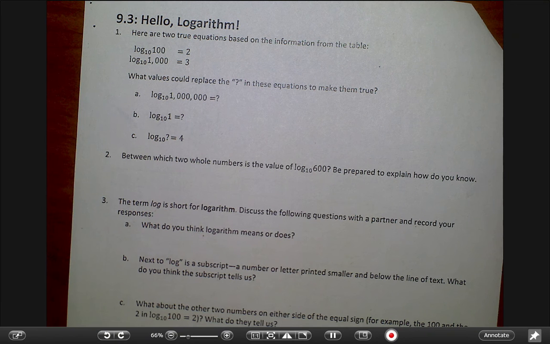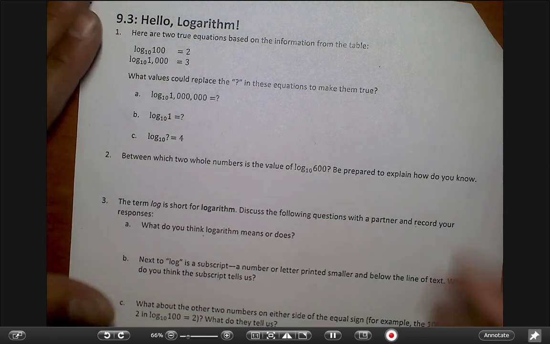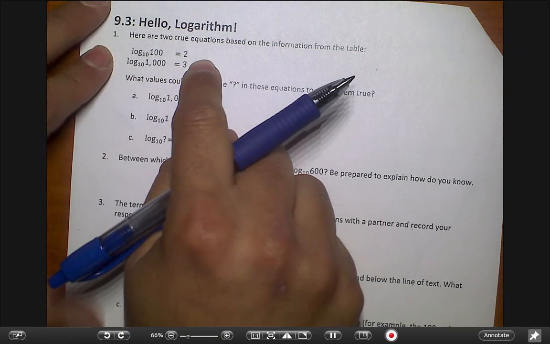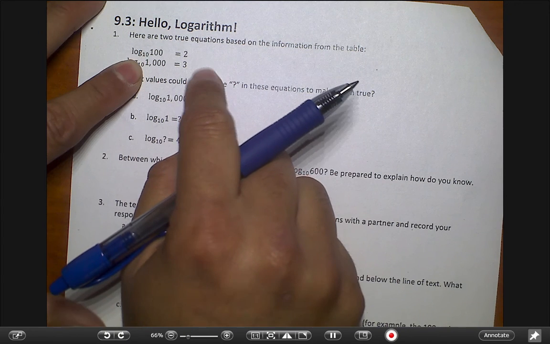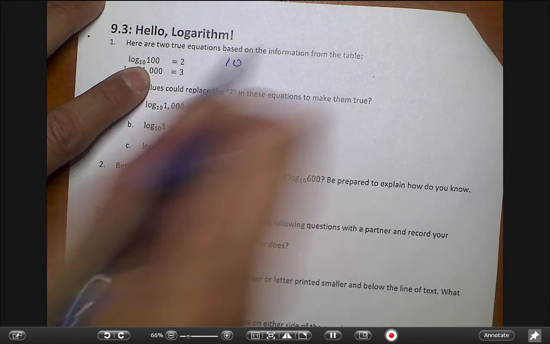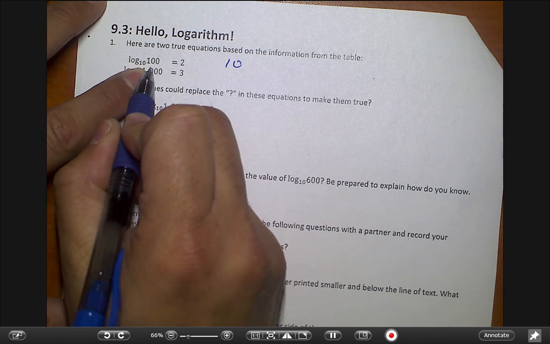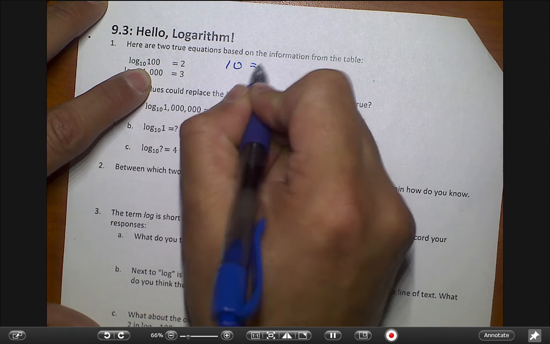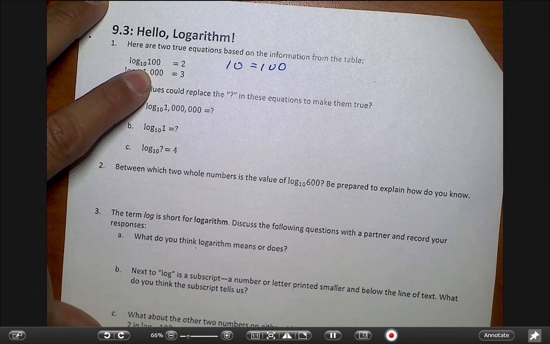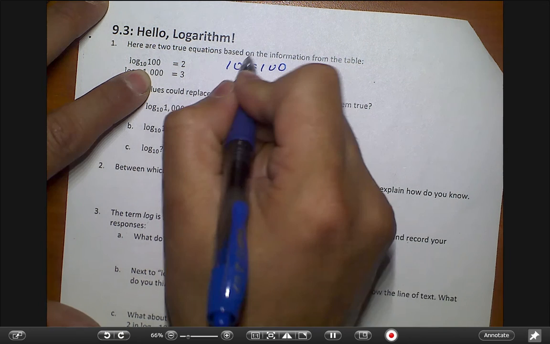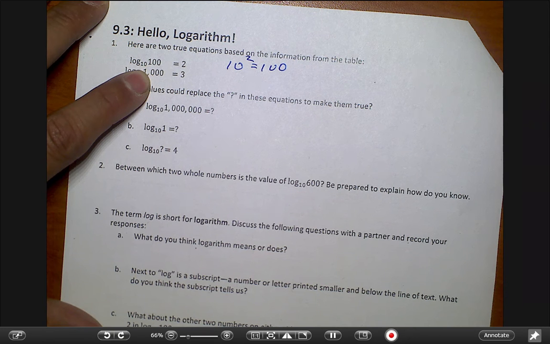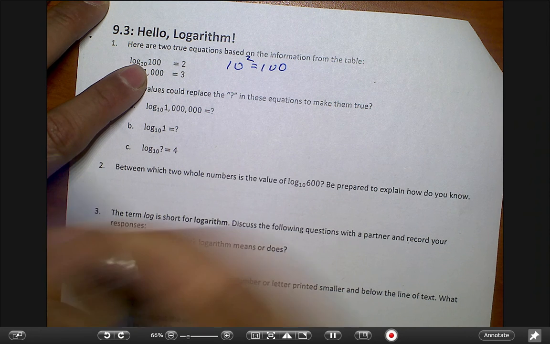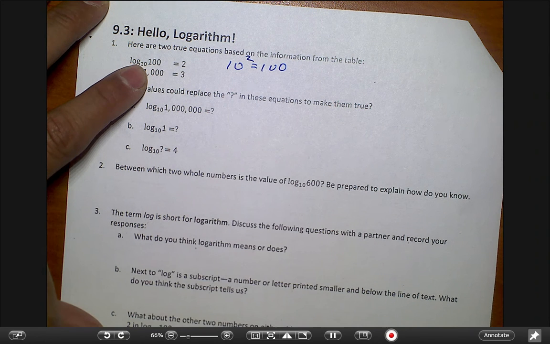All right, I'm going to go through and rewrite this. My base here is going to be 10, and it's supposed to be equal to 100. My exponent is 2. 10 squared is 100, right? Good.